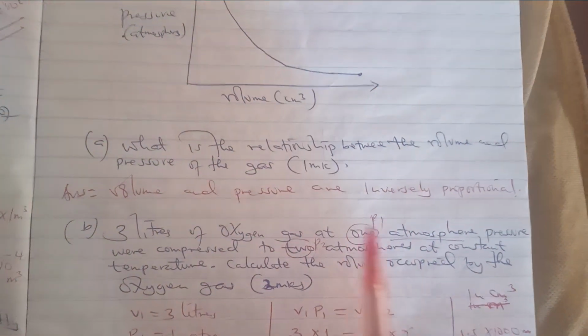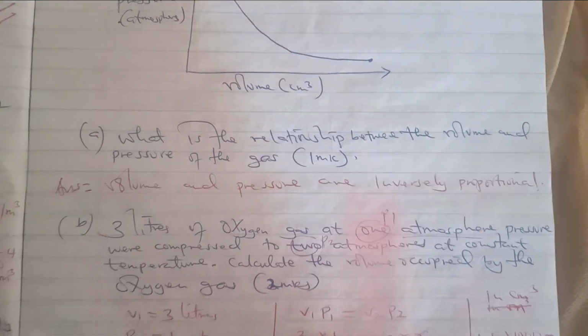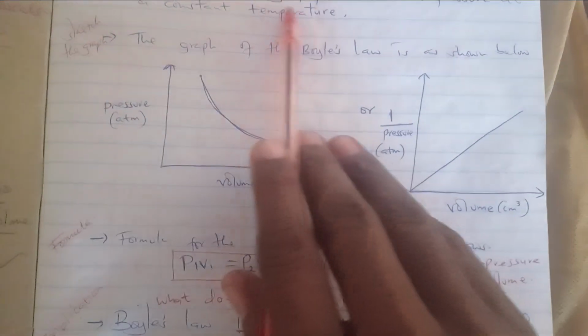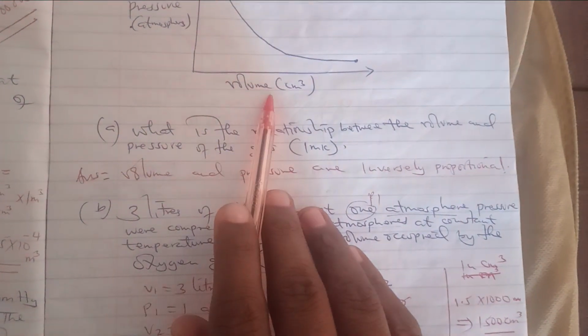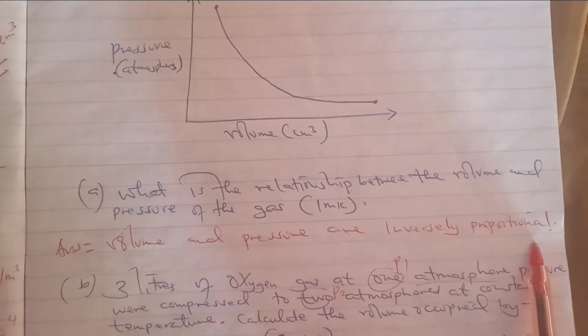Boyle's law states that the volume of a fixed mass of a gas is inversely proportional to pressure at a constant temperature. So that means, therefore, the volume and the pressure in this graph are inversely proportional.